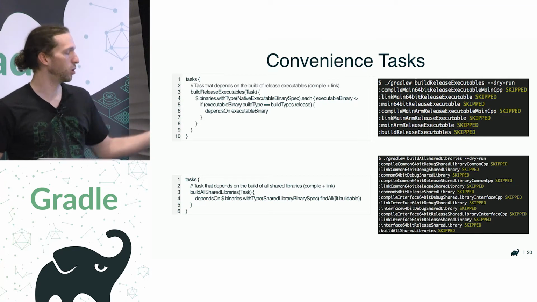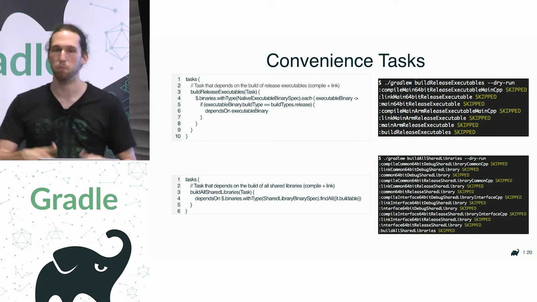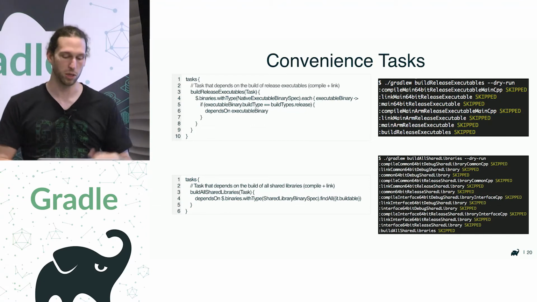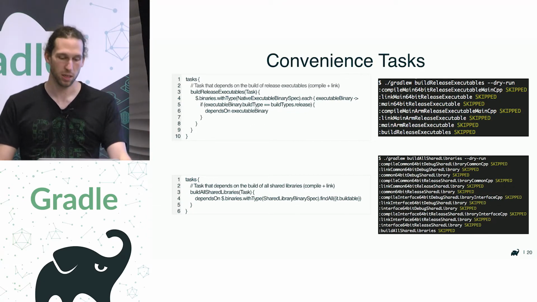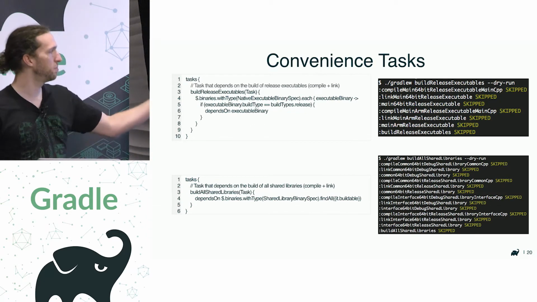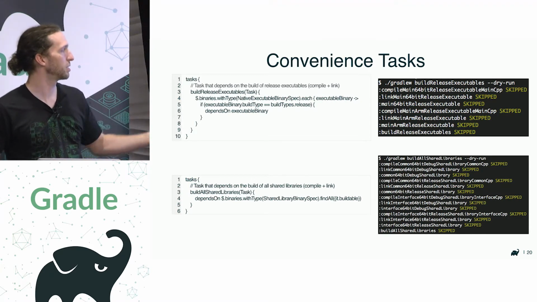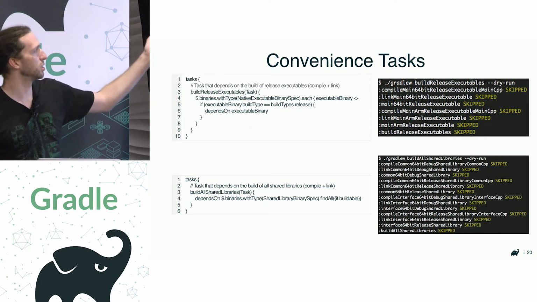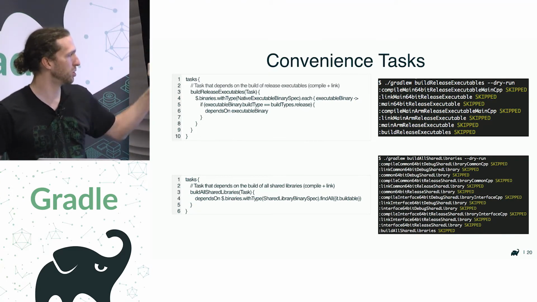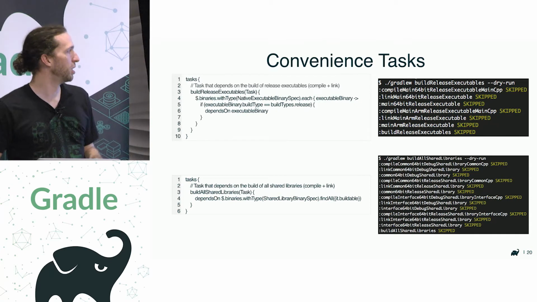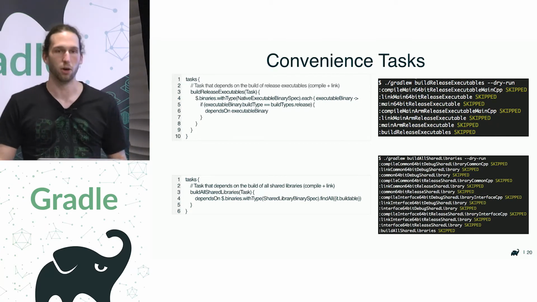Then we pass in a closure to say that anything that is buildable is what we want, and we add it as a dependency for that task. We see to the right there a dry run of both tasks, and you can see that in the first one, only the tasks for the release executables get run, and in the second one, only the shared libraries are executed.